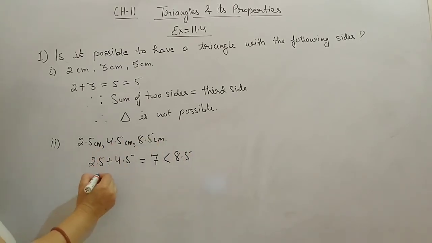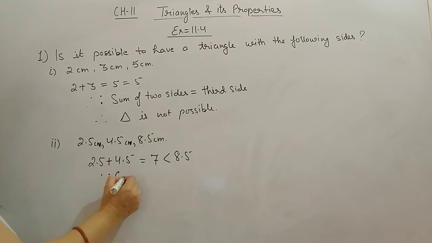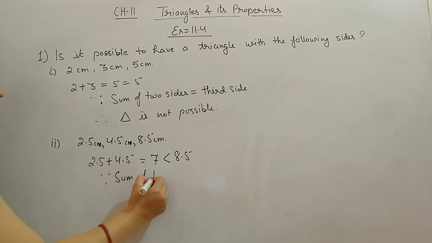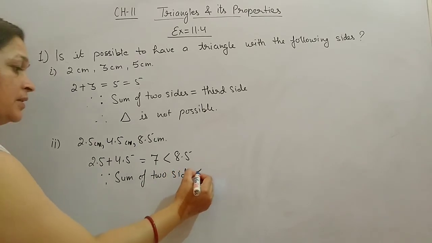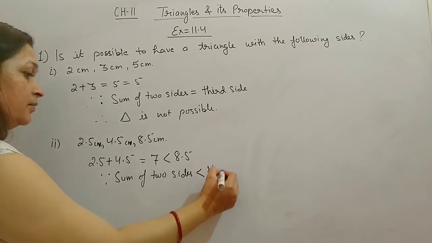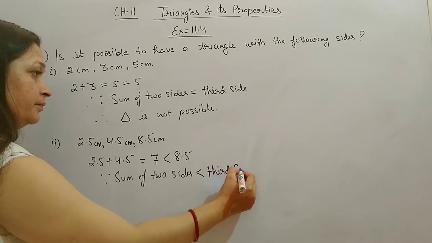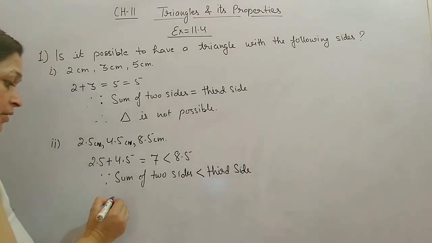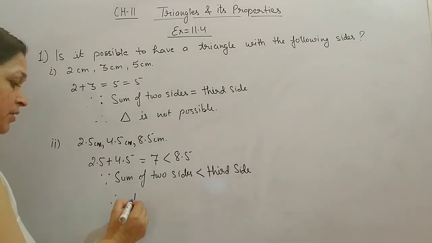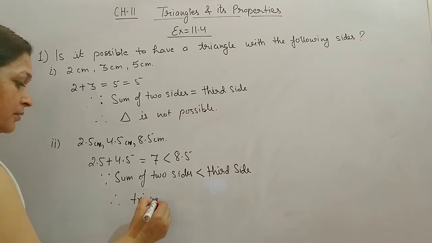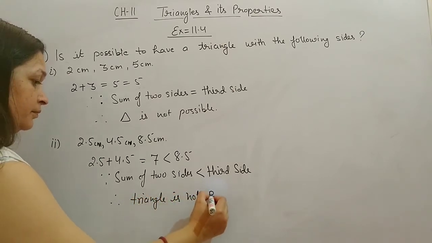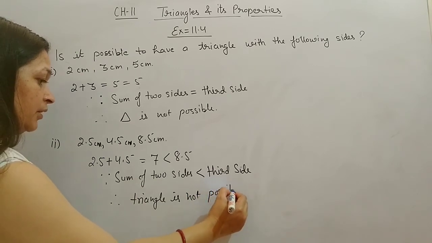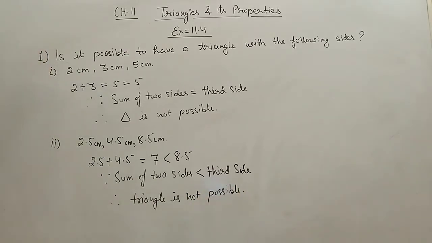So this is also because the sum of two sides is less than the third side. Therefore the triangle is not possible. Only for the greater condition it is possible.